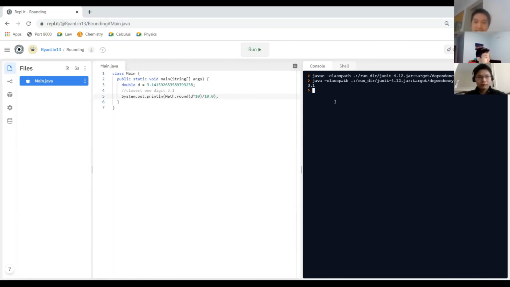Replit is very slow. 3.1, okay. So this is how you can round to the closest one digit. Well, how does it work, you might say. So let's see what d times 10 becomes. Well, d times 10 becomes 31.415 blah blah blah, right?